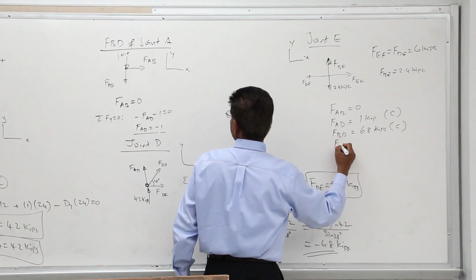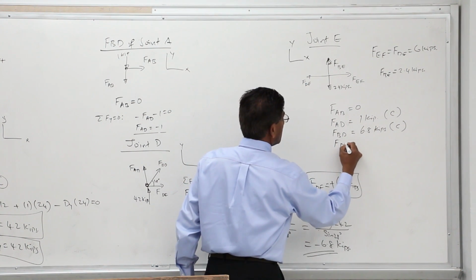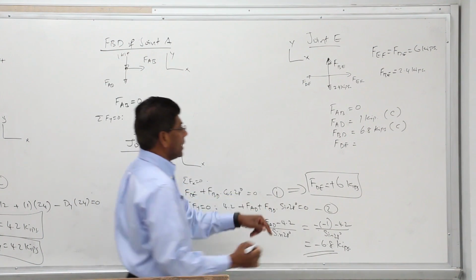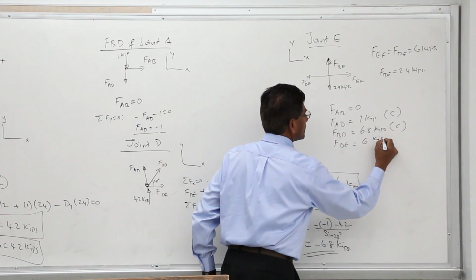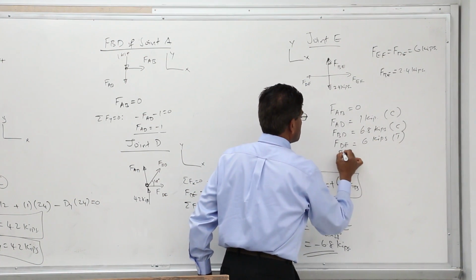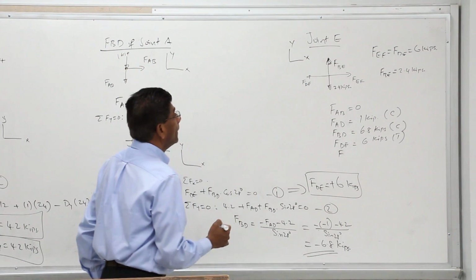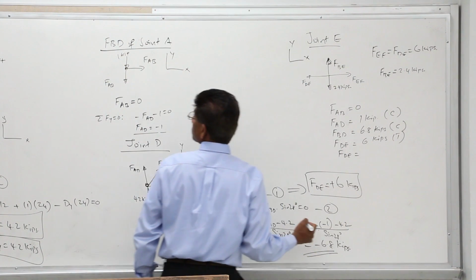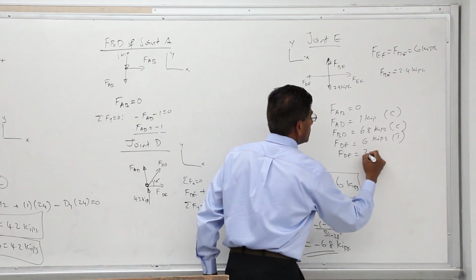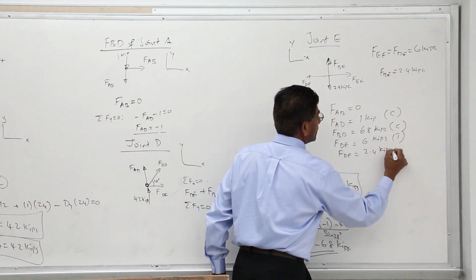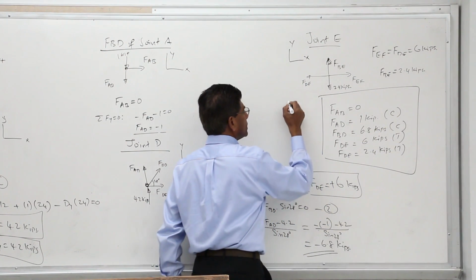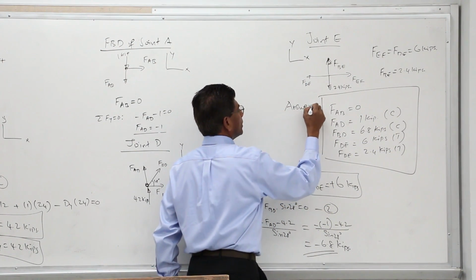Finally, member F_DE is in tension, and it is going to be 6 kips. And the last one is member BE equal to 2.4 kips in tension. This is your answer.